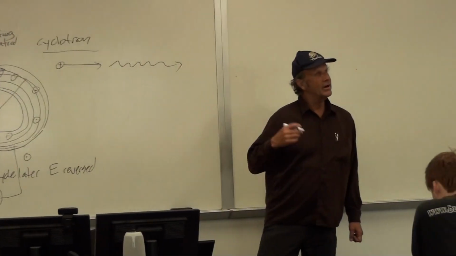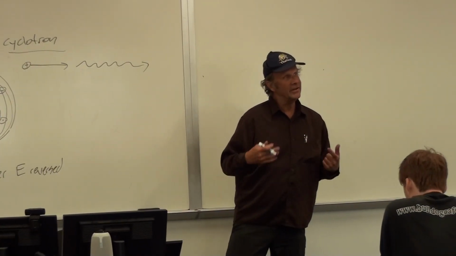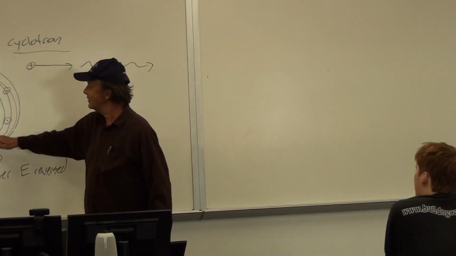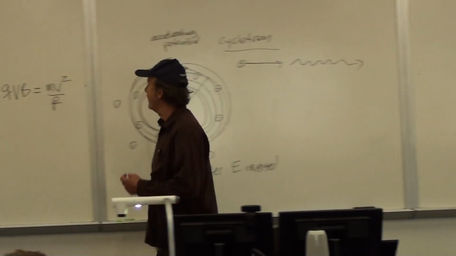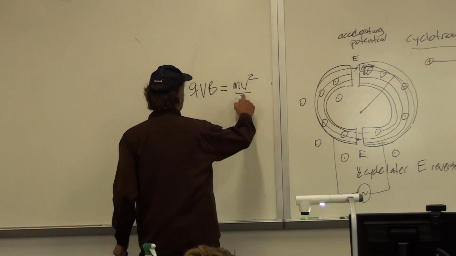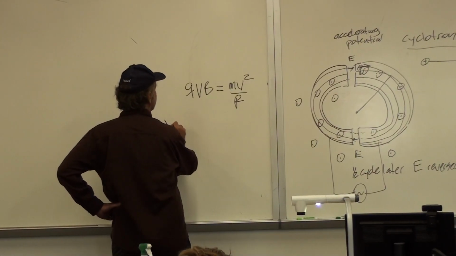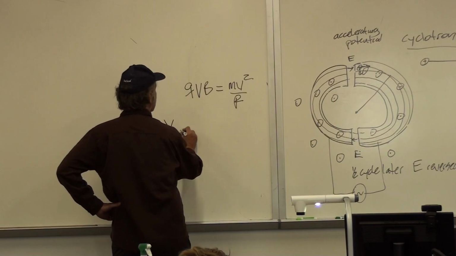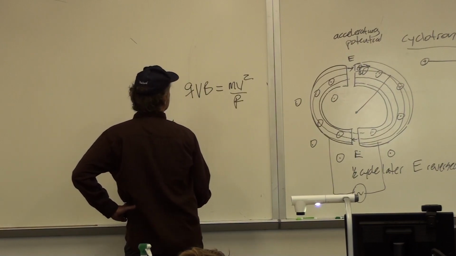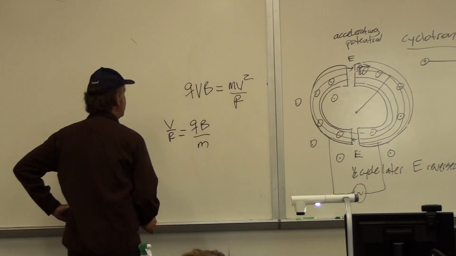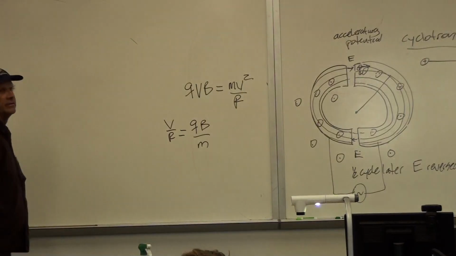And you've got a lot of particles that might be at different points in their acceleration that are out of phase with this particle. How does that work? Well, if we rewrite this, we can cancel out one factor of v. We can get v over r equals qB over m. But does anybody remember what v over r is equal to?